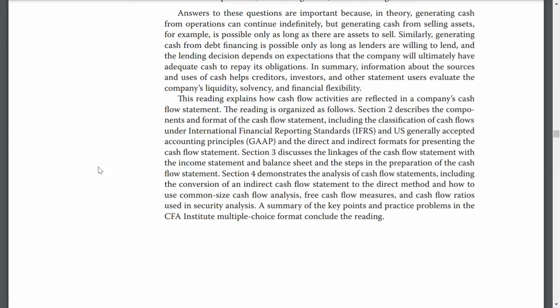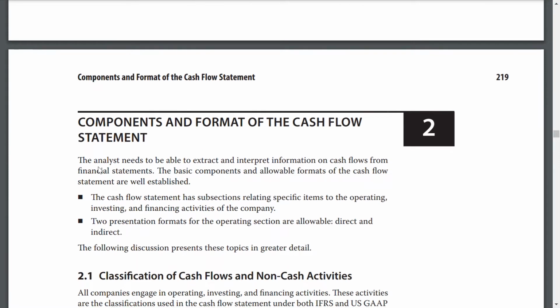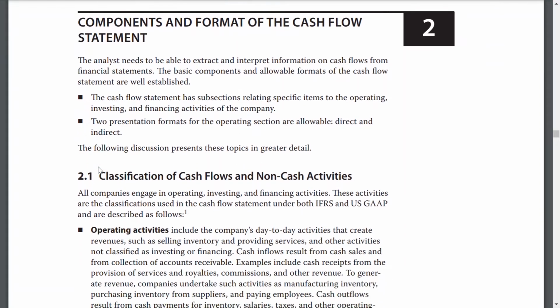Components and format of the cash flow statement. An analyst needs to be able to extract and interpret information on cash flows from financial statements.